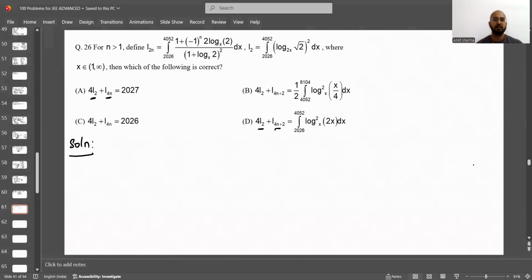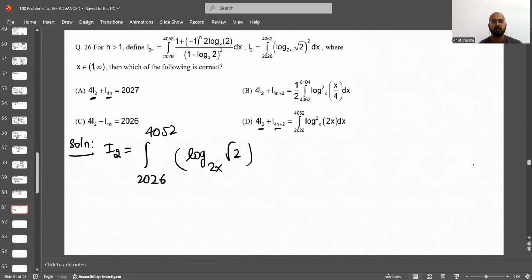Okay. Let's go ahead. So I'll consider first I2 itself. I2 is equal to the integral from 2026 to 4052 of log of root 2 over 2x, the whole square.